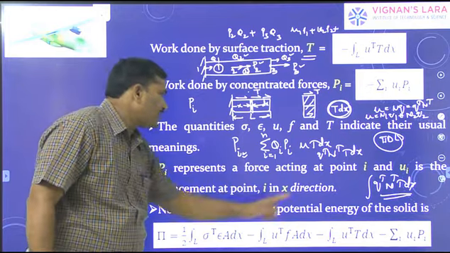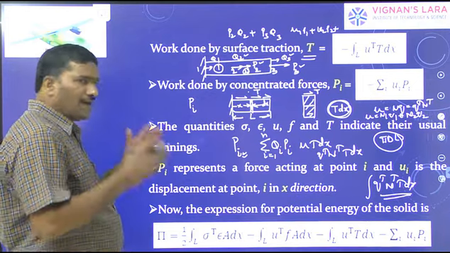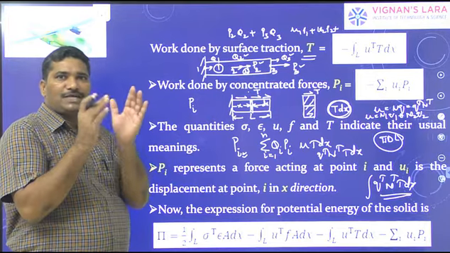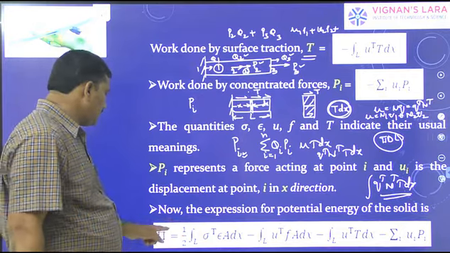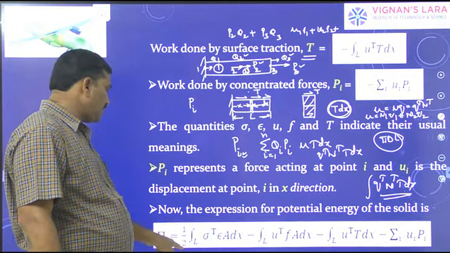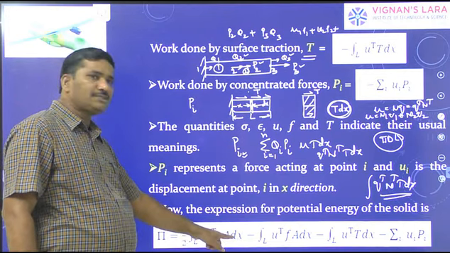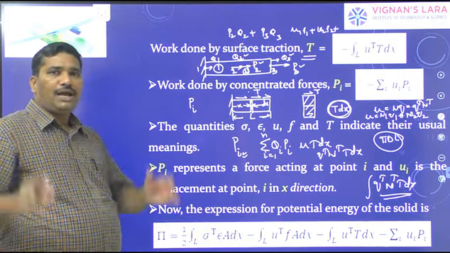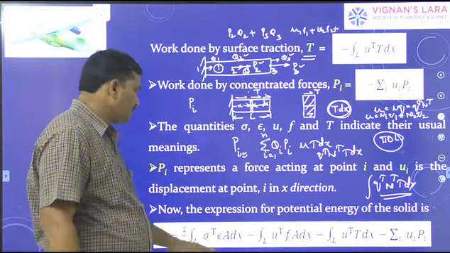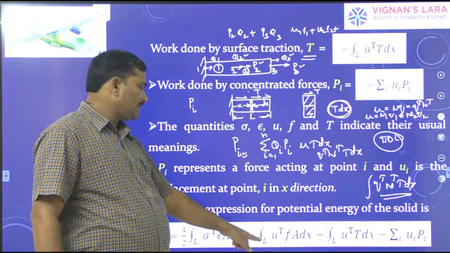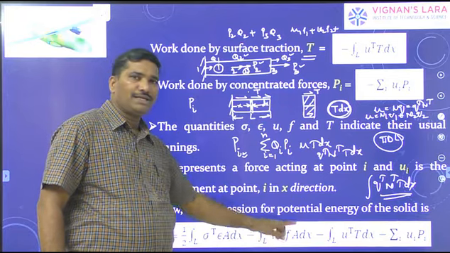Now, the expression for potential energy of the solid is Pi, which equals the strain energy of the solid plus work potential. So what is the strain energy? 1 by 2 into the integral over the length of the solid of sigma transpose into epsilon A dx. Right? And work potential is negative. Therefore, I put minus here. So minus the integral over the length of the solid of U transpose into F A dx.